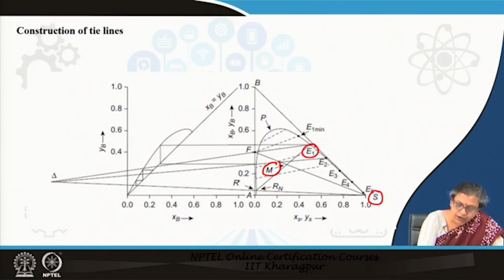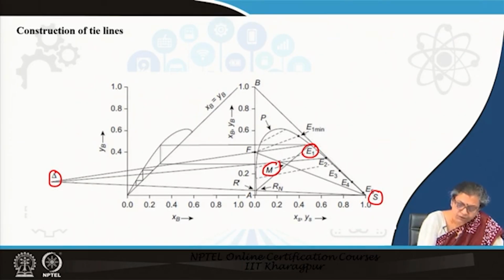Then you can join FE1 and you can join SRN, you locate the delta point. Once the delta point is located, then you know that all the E1, R1, E2, R3, E4, all these things, they should go through this particular delta point.